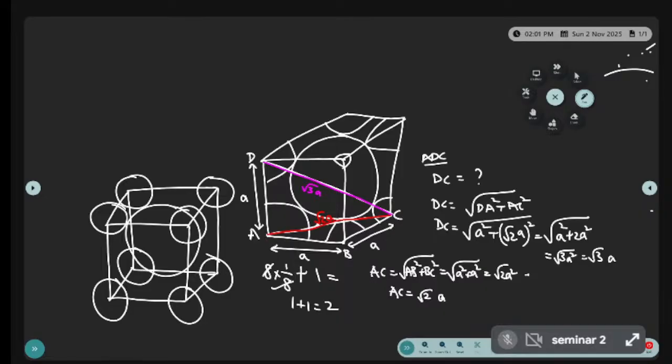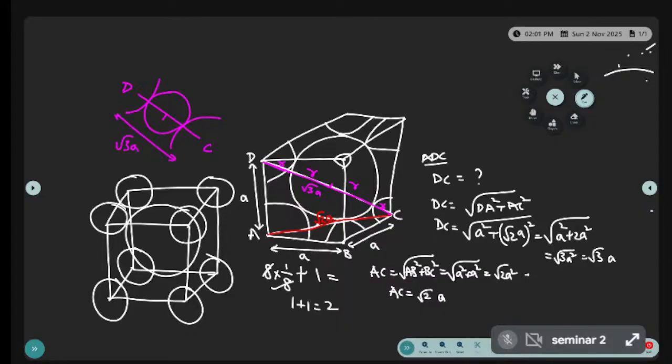Now if this circle center, this is one circle, radius R, this radius is R, this radius is R, this radius is R. If I draw like this, this is D and this is C. So this length is root 3A.